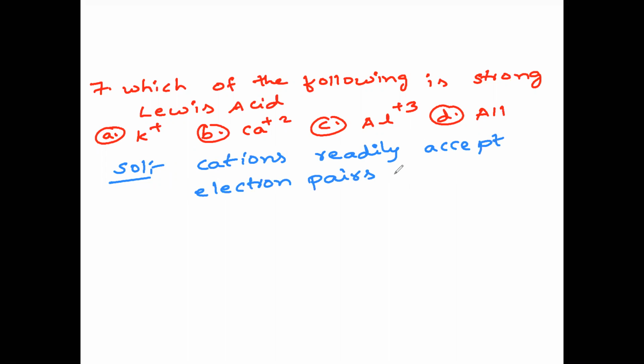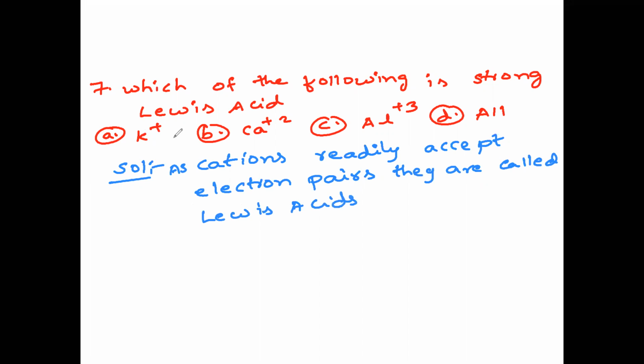As cations readily accept electron pairs, they are called Lewis acids.